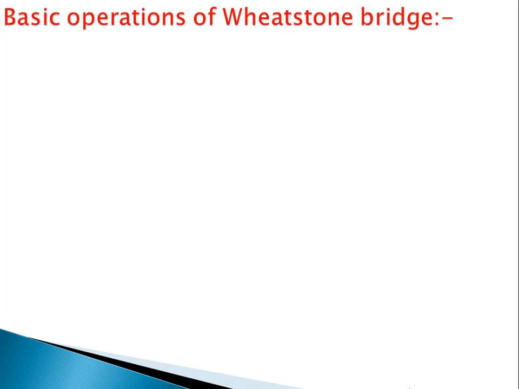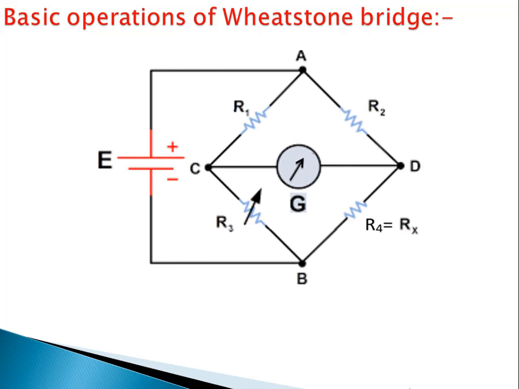Now let us try to understand the basic operation of the Wheatstone bridge. Look at the circuit diagram of the Wheatstone bridge circuit. Here you can see there are 4 resistor elements being used.